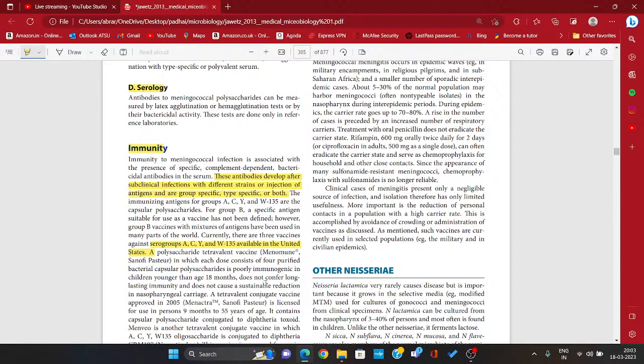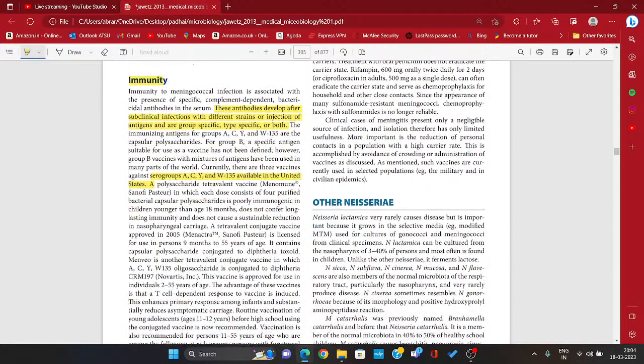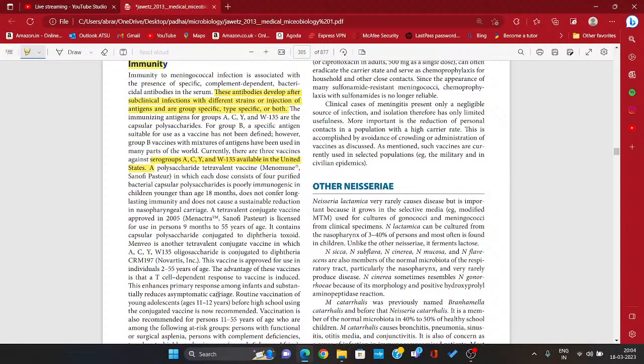It is poorly immunogenic in children younger than 18 months, does not confer long-lasting immunity, and does not cause a sustainable reduction in nasopharyngeal carriage.